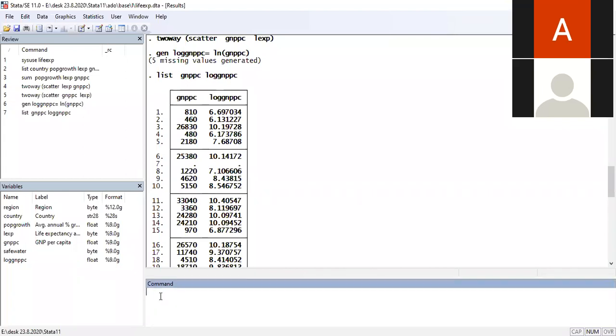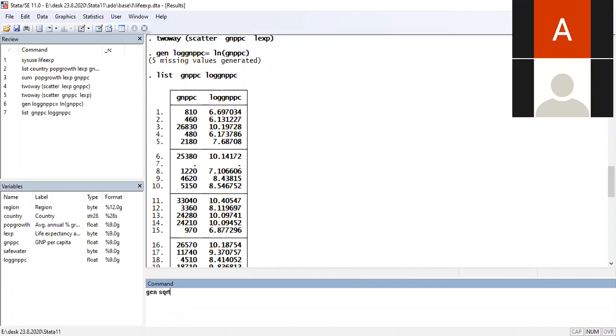You want to generate a square. How do you generate a square? Let's say you want to generate a square of GNP per capita, any variable. What do you want to call it?